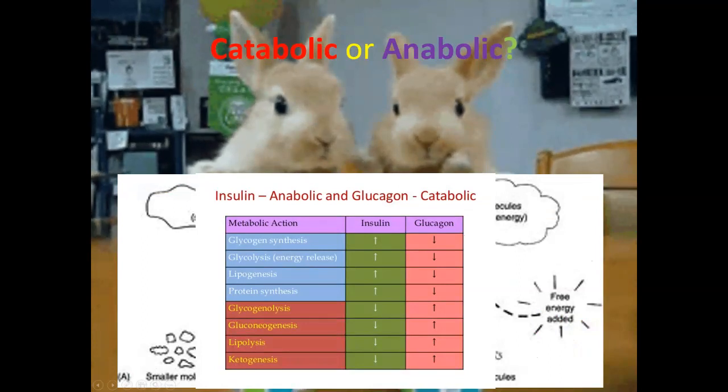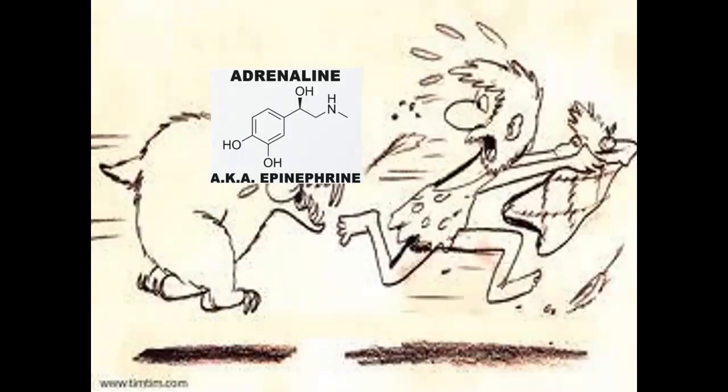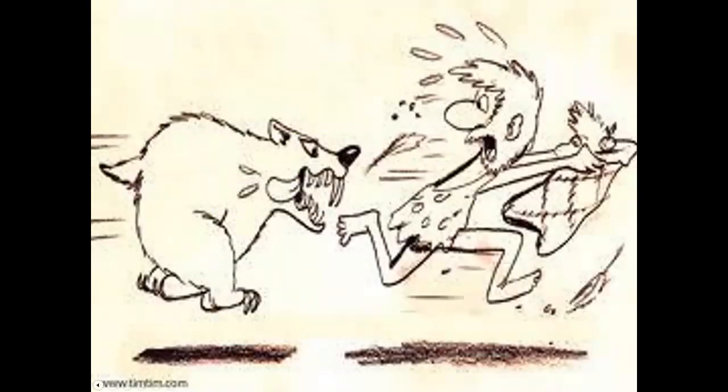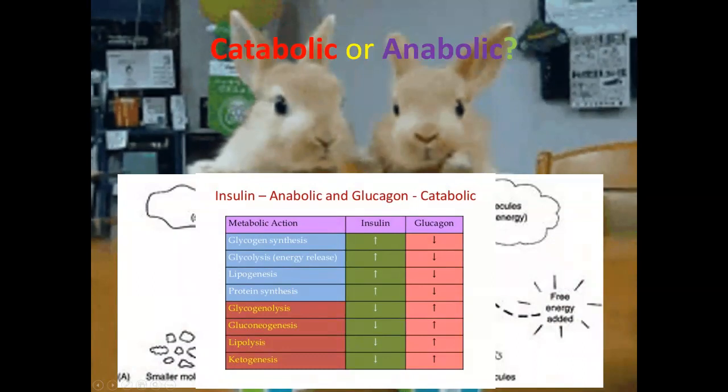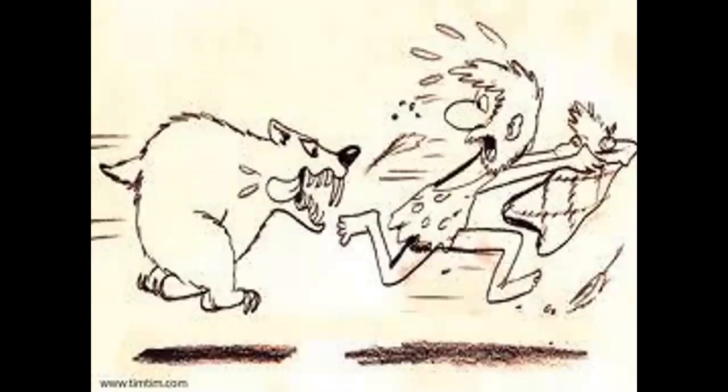So glucagon is breaking down the glycogen. It breaks down lipids. It can, whereas insulin, sorry, we're going to go back. I have trouble with my pointer. Insulin is anabolic, so synthesis, genesis. Okay.